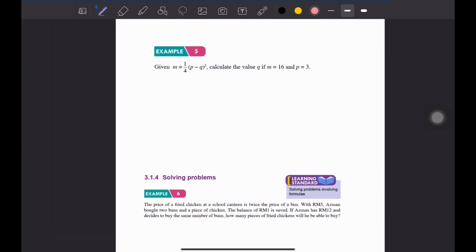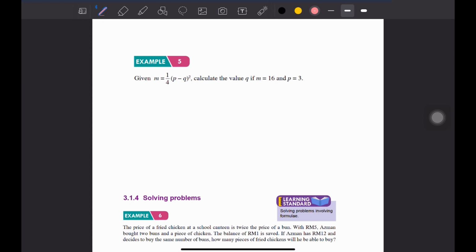Okay, next example 5. Given m is equal to 1 over 4 times p minus q squared. Calculate the value of q if m equals 16 and p is equal to 3.